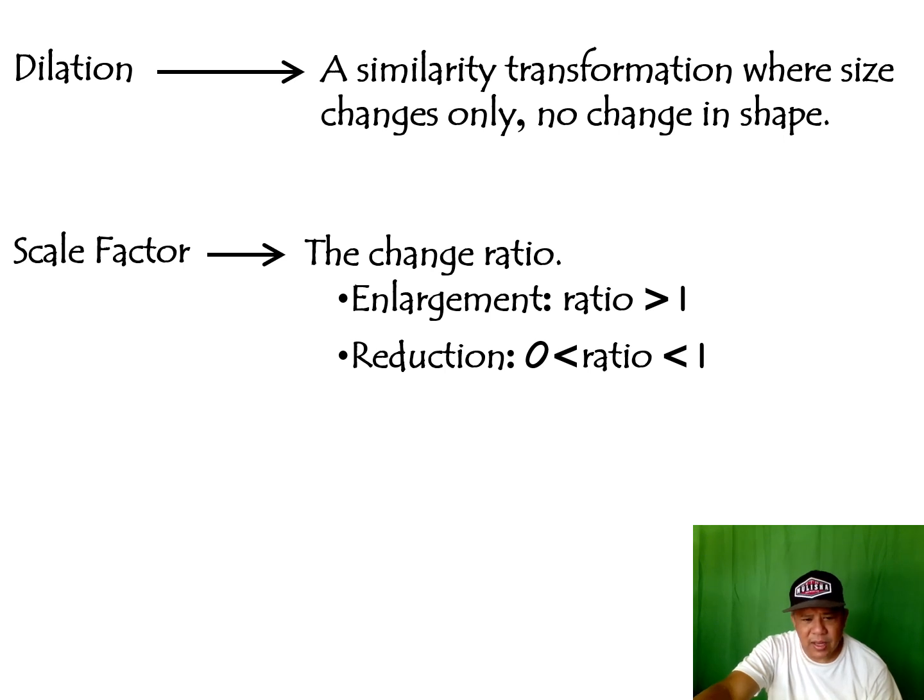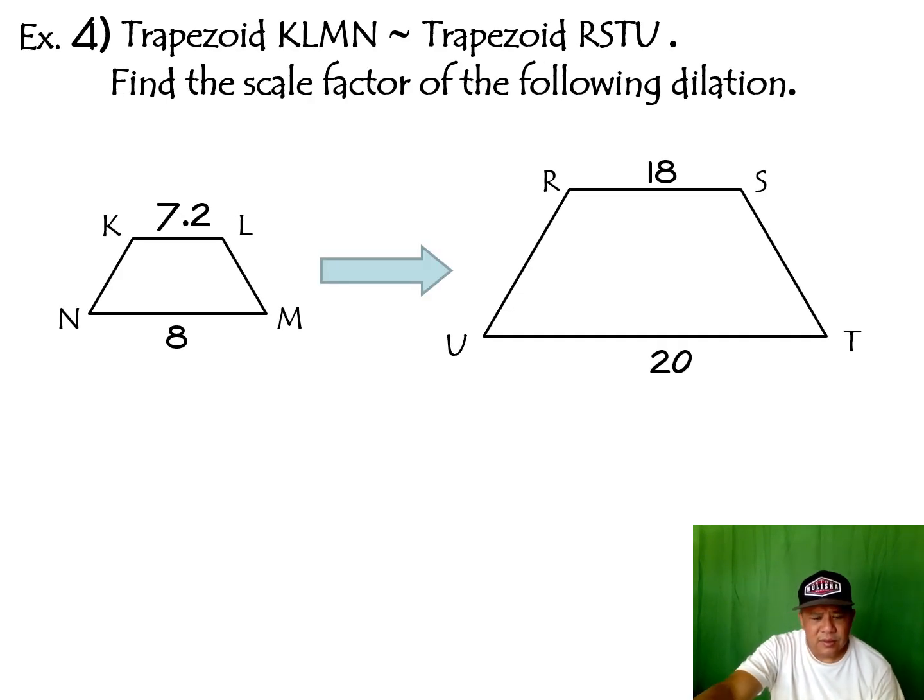Okay, so let's go ahead and apply this theorem. So here, let's take a look. What is happening? Obviously, you can see that the figure is growing. So this is obviously an enlargement. Now, what is the scale factor?